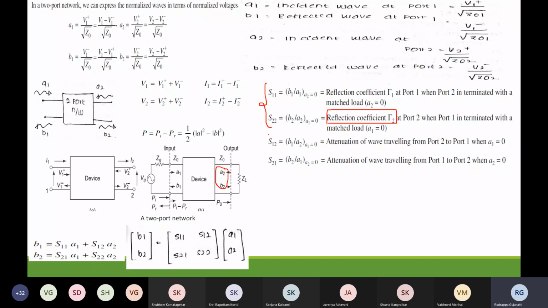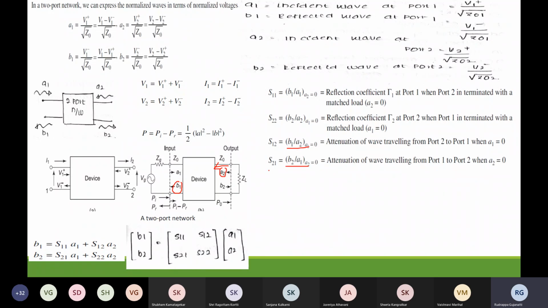Now, what do these two provide? If you observe S12 and S21, one is associated with port 1 and the other with port 2. In S21, B2 is associated with port 2 and A1 with port 1. In S12, A2 is the incident wave amplitude at port 2, and you are trying to see the reflected wave amplitude at port 1.